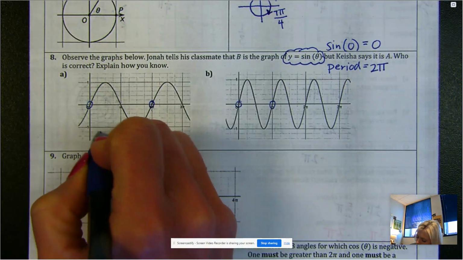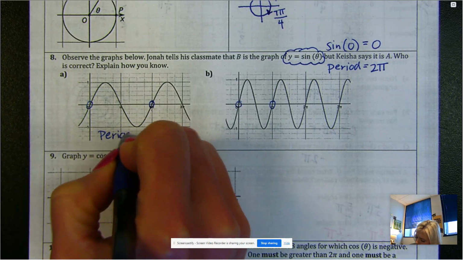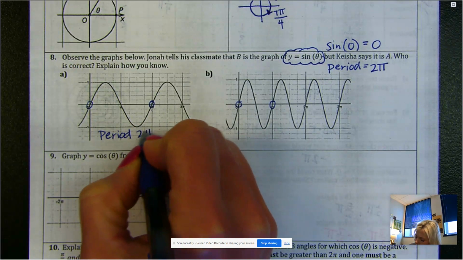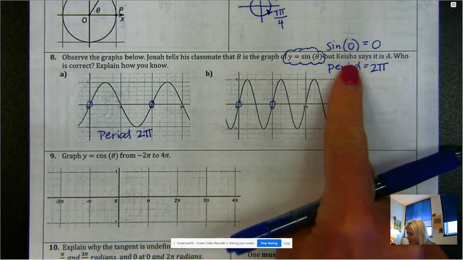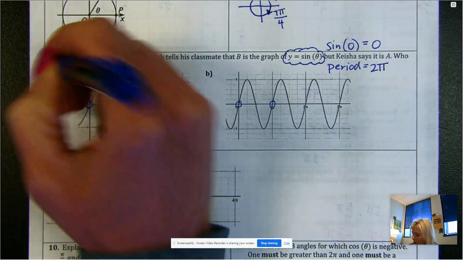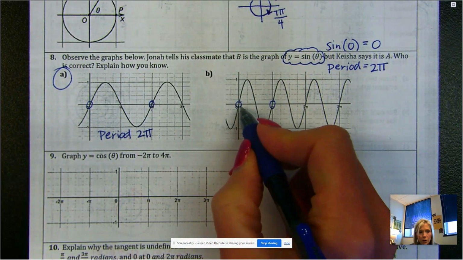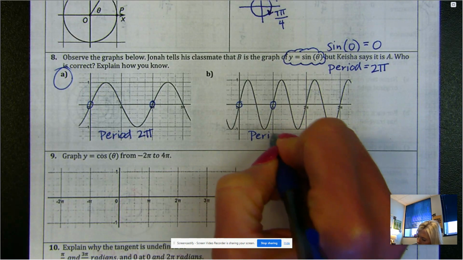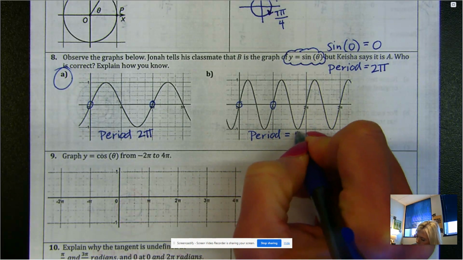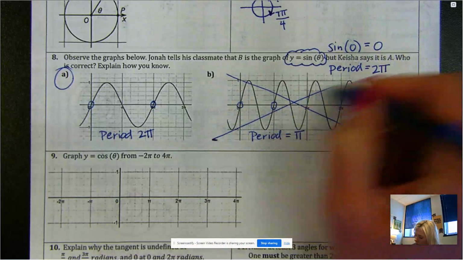So this one also has a period of 2 pi and starts in the right place. So whoever said A, looks like Keisha, is correct. B is not correct because although it starts in the correct place, it only has a period of pi. So it is not the one.